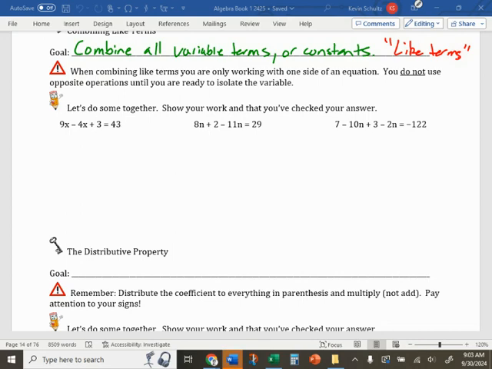Doing some together here. In this first one, what are the like terms that we can combine? We have 9x minus 4x plus 3 equals 43. Basically what we're doing is simplifying the equation. Addie, what can we combine? 3 and 43. 3 and 43 aren't on the same side.